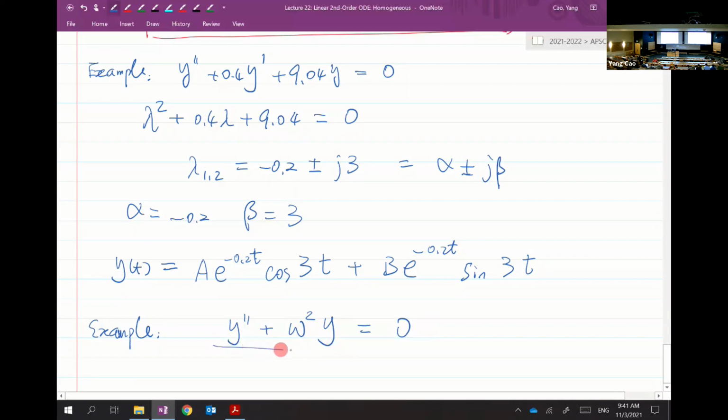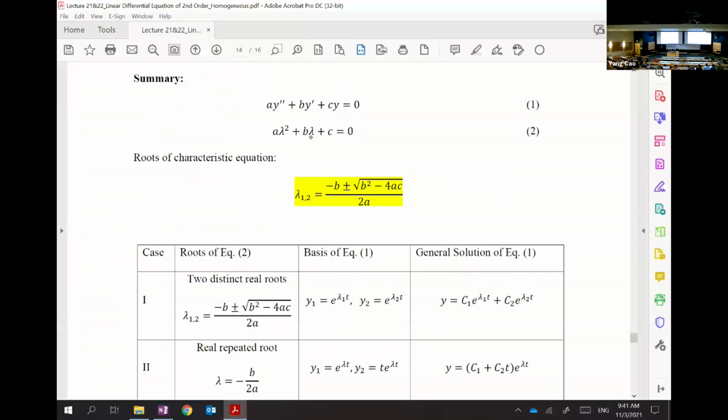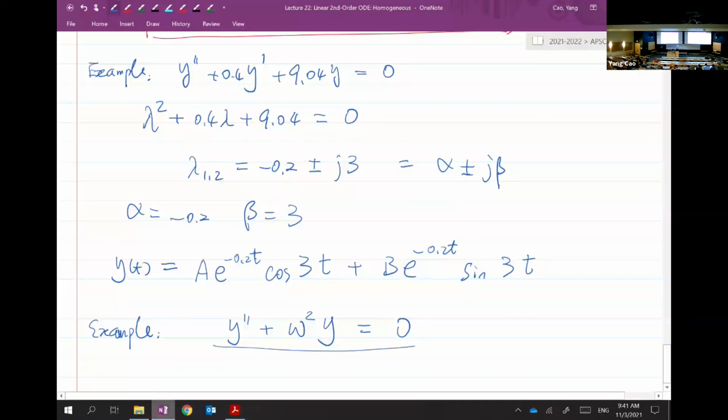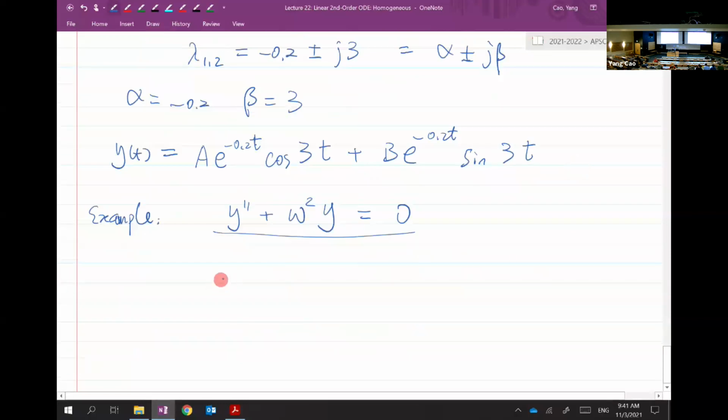For this example, there's a term missing. There's no y prime term, but that's okay. If there's no y prime term, it basically means the coefficient for y prime is 0. Right? So b is 0 there.